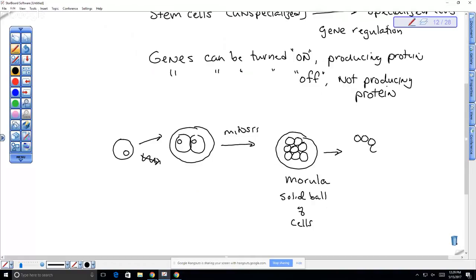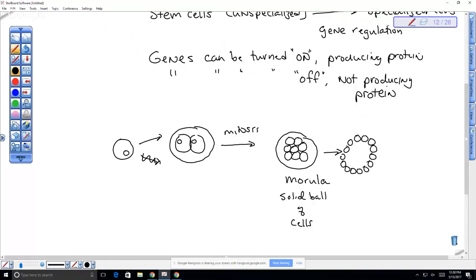I'm going to draw it in a 3-dimensional plane here, but think of it more like a water balloon. This is 2-dimensional; if it was 3-dimensional, it would be a hollow ball of cells, right? So it's fluid filled on the inside.